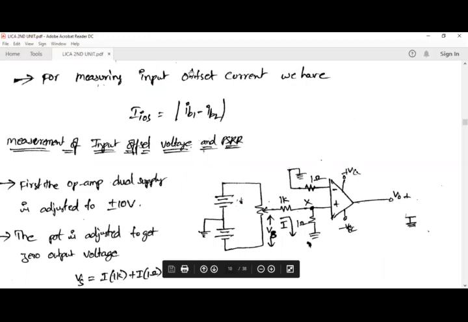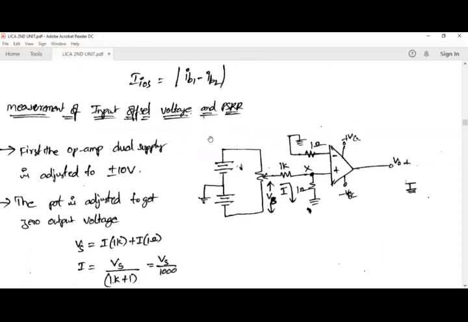So coming to the input offset voltage, by this circuit setup we can measure the input offset voltage. You can observe this is an operational amplifier, in which this is the non-inverting terminal and this is the inverting terminal.